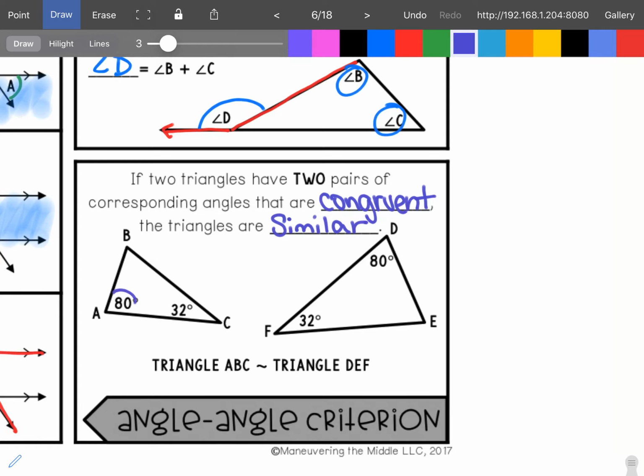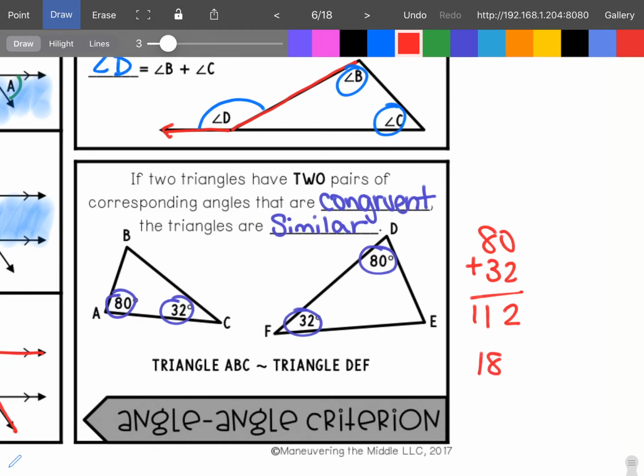But see that we have an 80 and a 32, we have an 80 and a 32, which means since all 3 angles are supposed to add up to 180 in a triangle, if we did 80 plus 32, that gives us 112. And they all have to add up to 180, so we do 180 minus 112. We get 68.